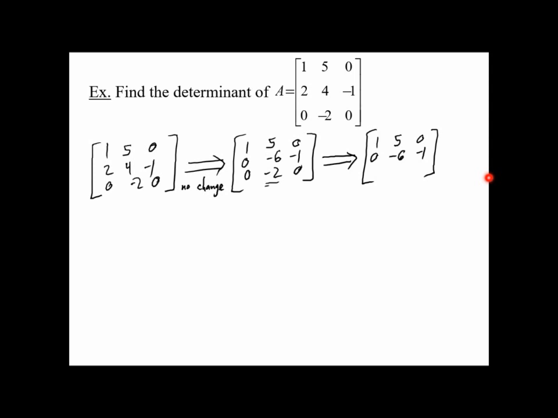If I want to turn this into a 0, I'm tempted to multiply the bottom row by negative 3. The problem is I can't replace row 3 with negative 3 times itself. I need to, and let me write it out here, I'm going to replace row 3 with row 3 minus 1/3 times row 2. And again, the important thing is row 3 is being replaced by just itself combined with a multiple of another row. That is acceptable. But again, by doing that, once again, the determinant will not change.